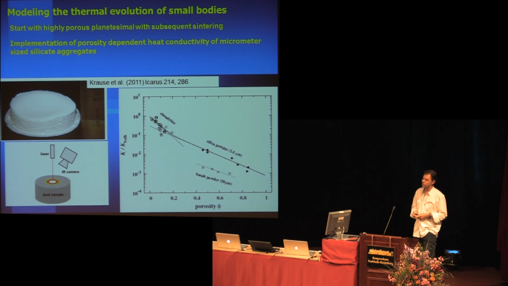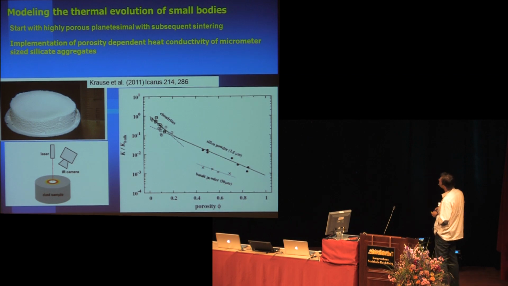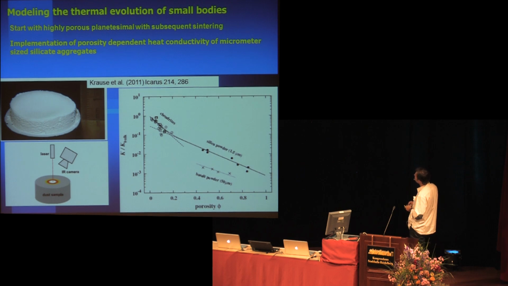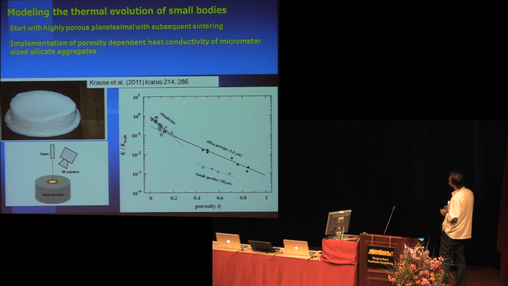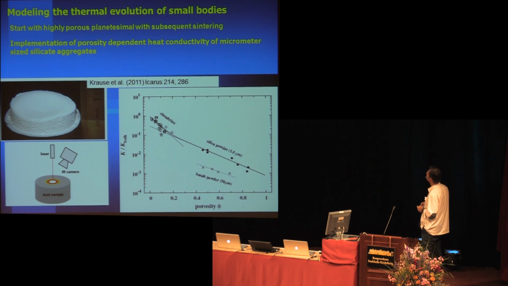Now, what is needed for more sophisticated modeling? Well, we need, for example, some knowledge about the starting material. The starting material is certainly material which is highly porous. And for this kind of material, we need, for example, the heat conductivity.